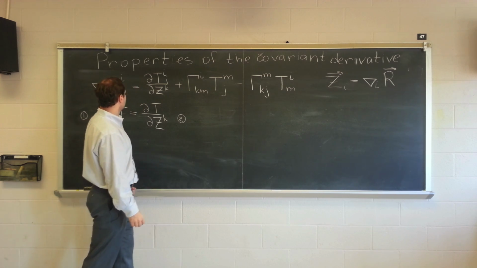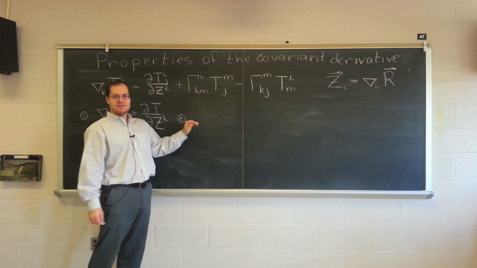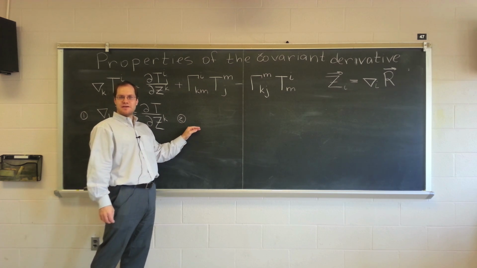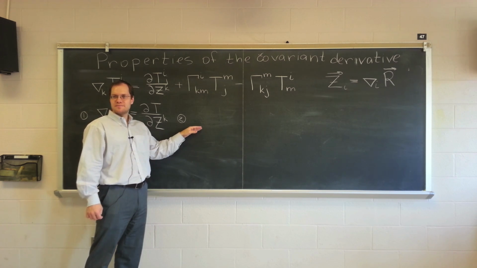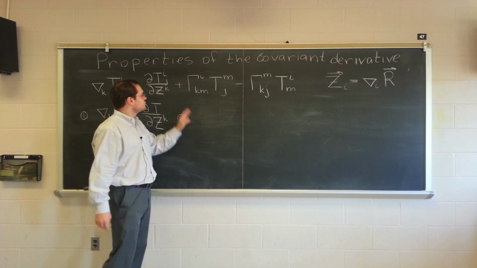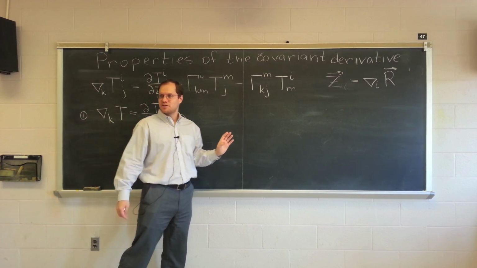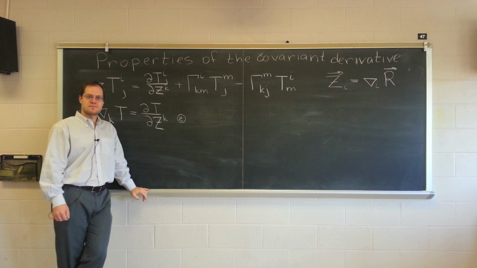Property number 2, I'm not even going to write down. It would be confusing if I wrote out the whole thing. I'll start the sentence and you'll finish the sentence. In Cartesian coordinates, covariant derivative coincides with partial derivative, because the Christoffels vanish. What's the most general type of coordinate system where the covariant derivative is equivalent to the partial derivative?